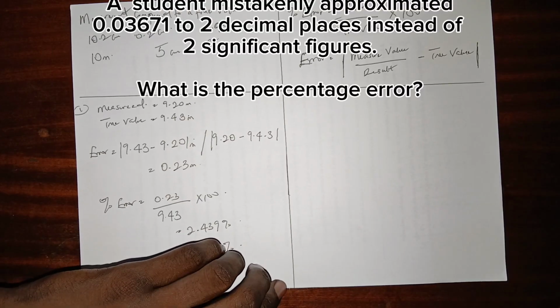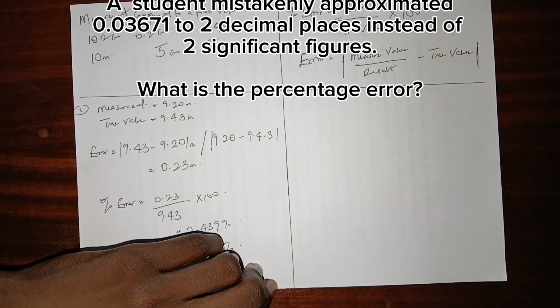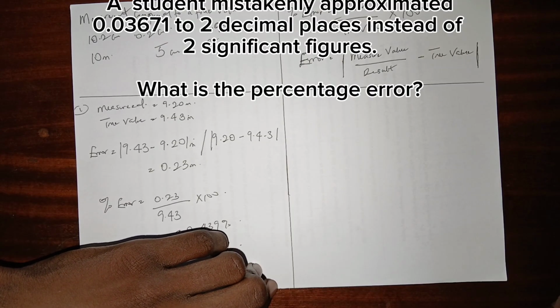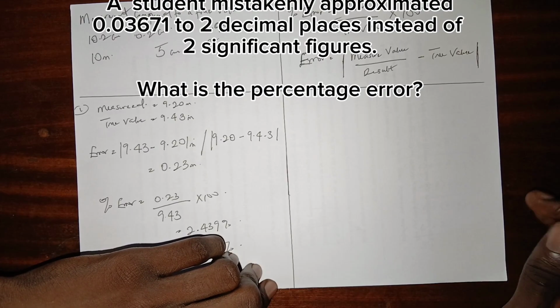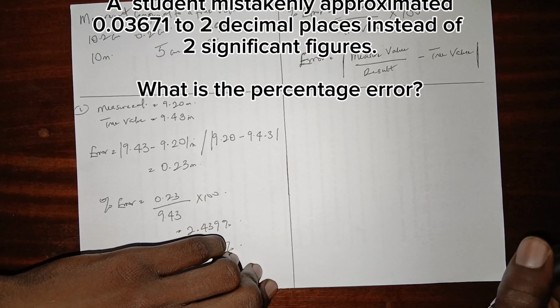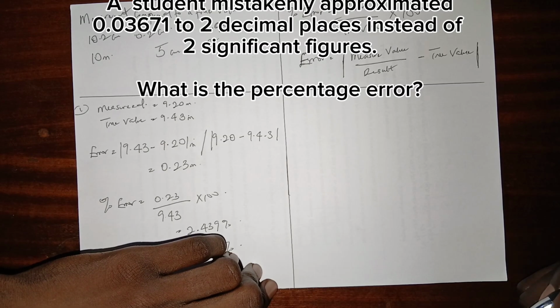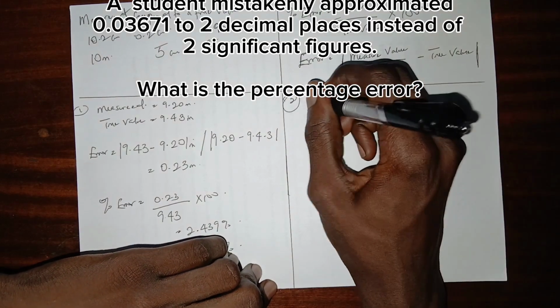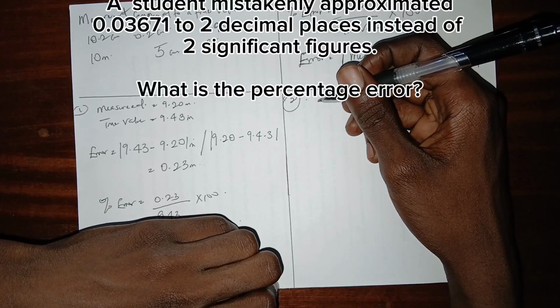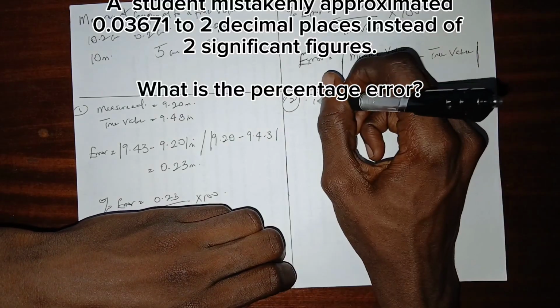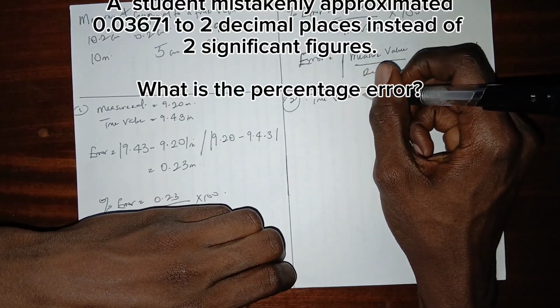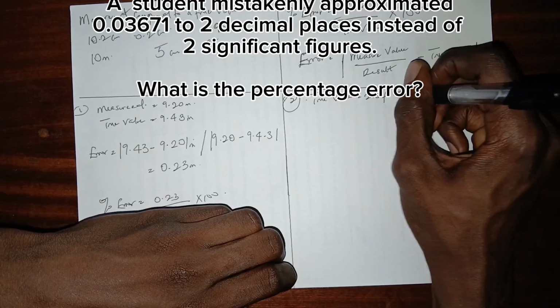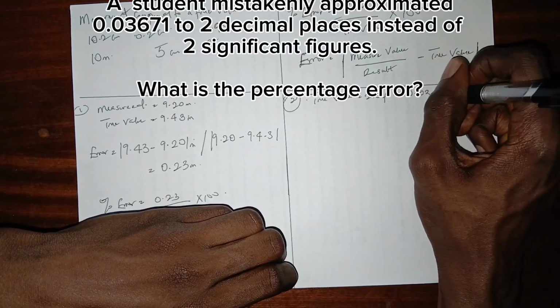A student mistakenly approximated 0.03612 to two decimal places instead of two significant figures. What is the percentage error? This is a little bit technical. So I think the true value is the two significant figure version, that's 0.037.